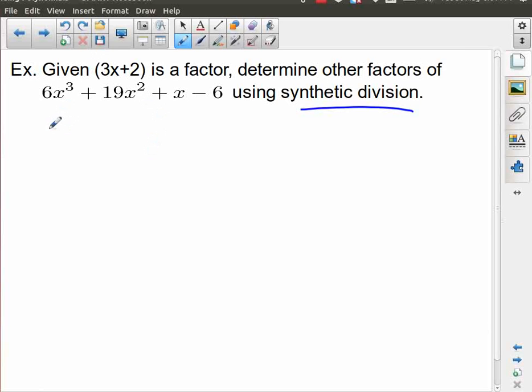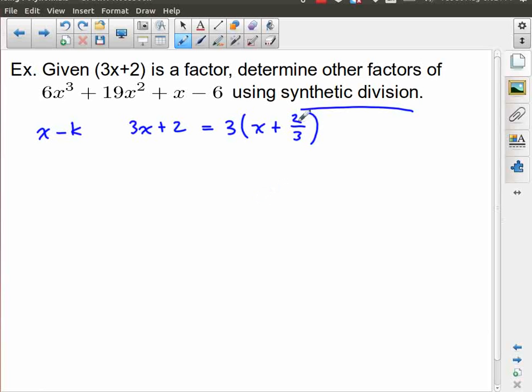Okay, so the first thing is that for synthetic division, we need something to be in the form x minus k. So how do we take 3x plus 2 and put it into that form? Well, the way you do it is you need to factor out this 3 from the front, and that leaves me with an x plus 2/3.